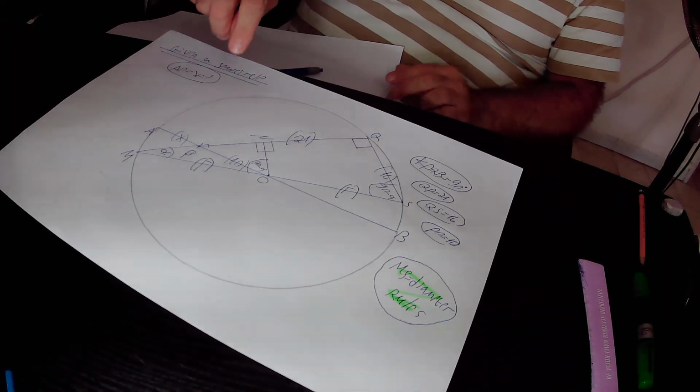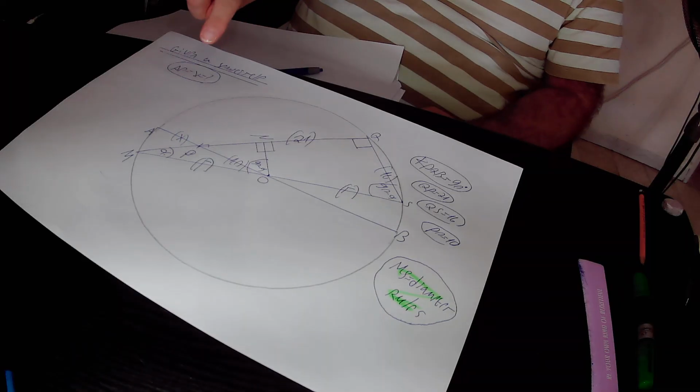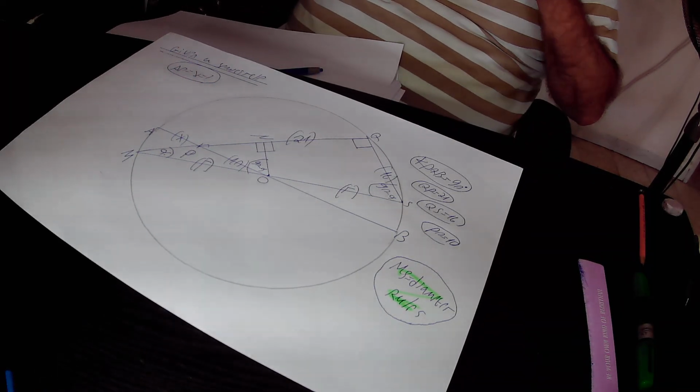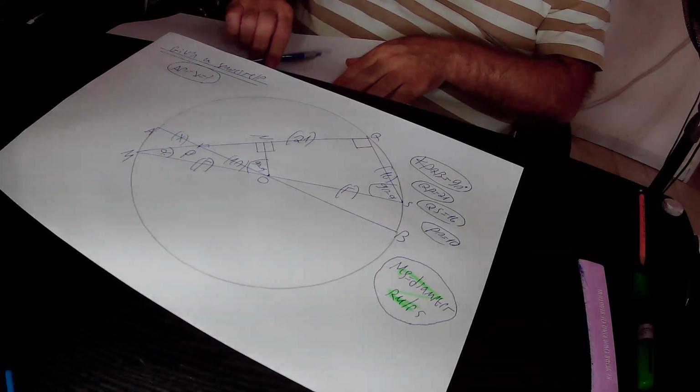And from the fact that the big right triangle MQS is similar to the small right triangle MNO, we will derive that the following relationship exists between their sides.